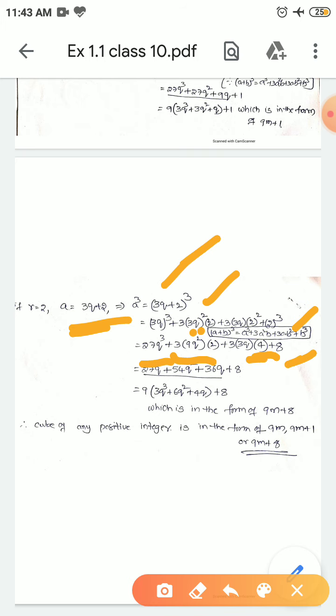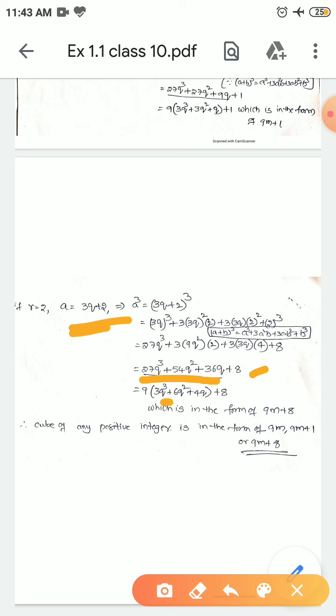From the first 3 terms, on simplification you get 27q cube, 54q square, and 36q. From these 3 terms only 9 is possible to take common, so taking 9 common, we get 3q cube plus 6q square plus 4q, plus 8.